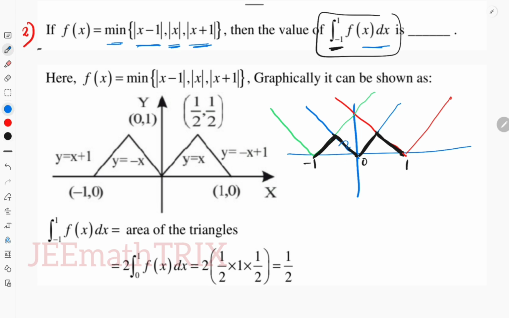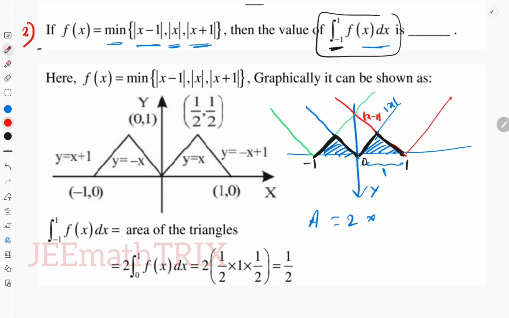Right. So now it is simply area, two triangles you are getting. Instead of definite integration, you can find the areas of the two triangles, and both triangles are symmetric about the y-axis also. You just find out one area, and that will be twice of that, 2 into half base into height. Half base is 1, and the height: this line is the mod x graph, and this line is the modulus of x minus 1 graph.